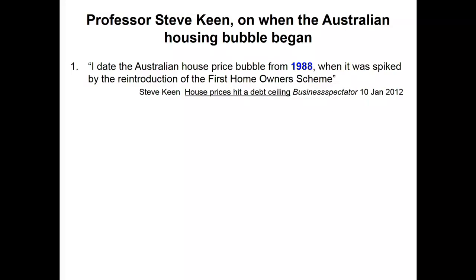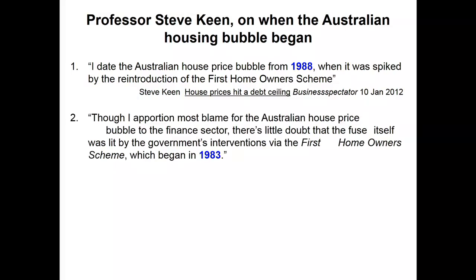A couple of years later, he says, I apportion most of the blame for the Australian house price bubble to the finance sector. There's little doubt that the fuse itself was lit by the government intervention of the first homeowner scheme, which began in 1983. That's when your parents were at uni, sitting where you are, or whatever.